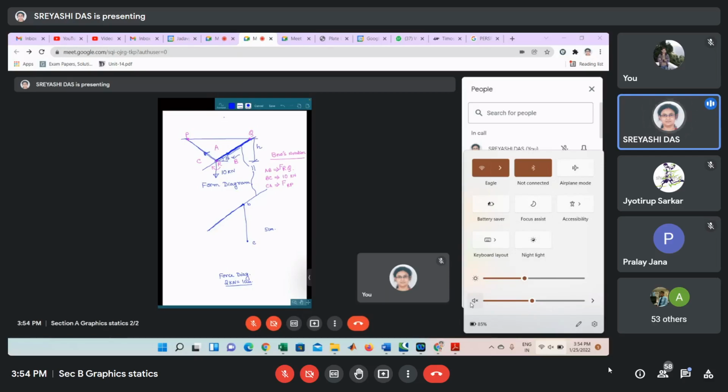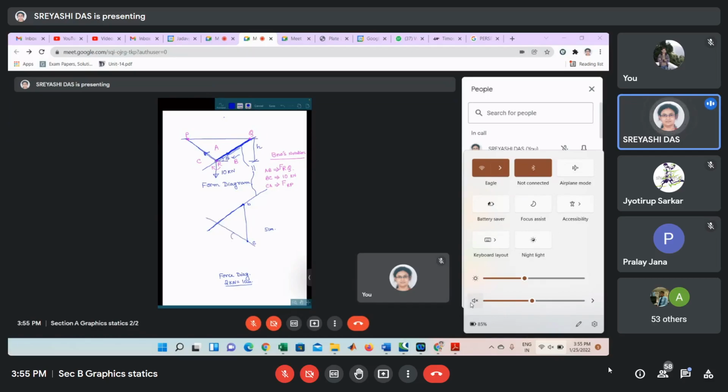From C, we only know that all these forces will form an equilibrium. So from small c in the force diagram, we will draw a line parallel to PR, because the force in this RP member is denoted by CA.